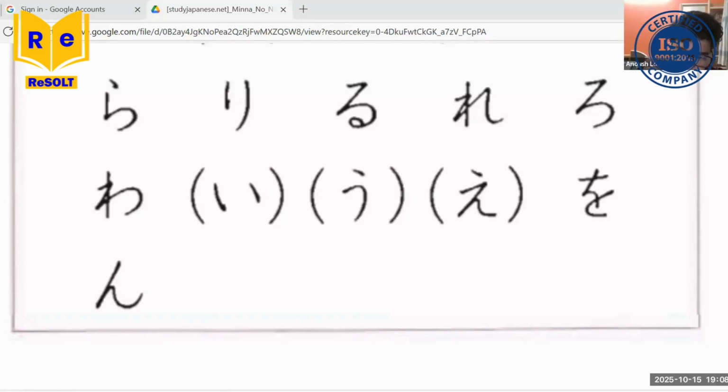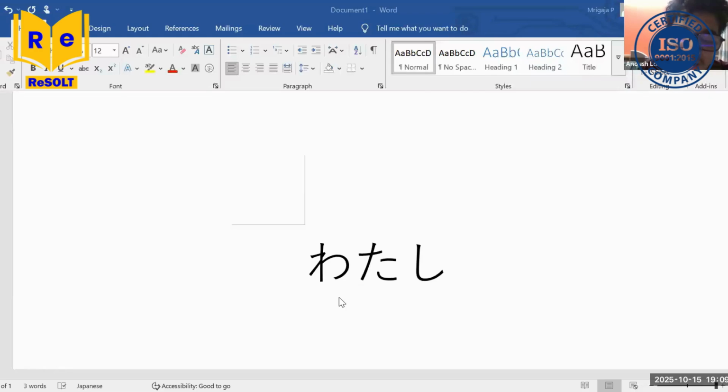Just try to read it. I think it says triple.